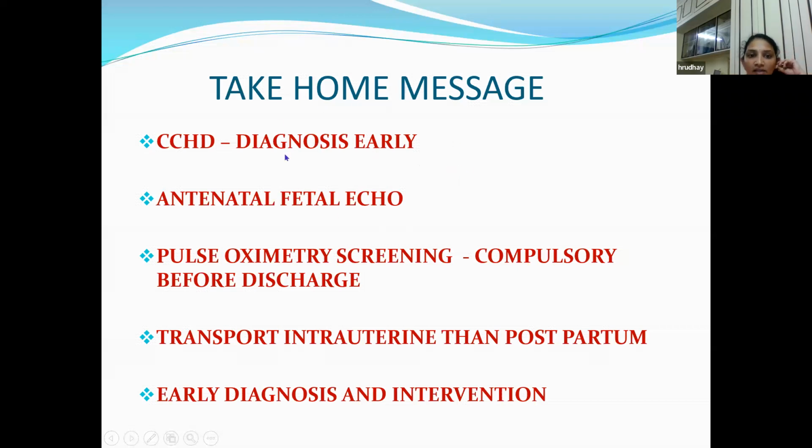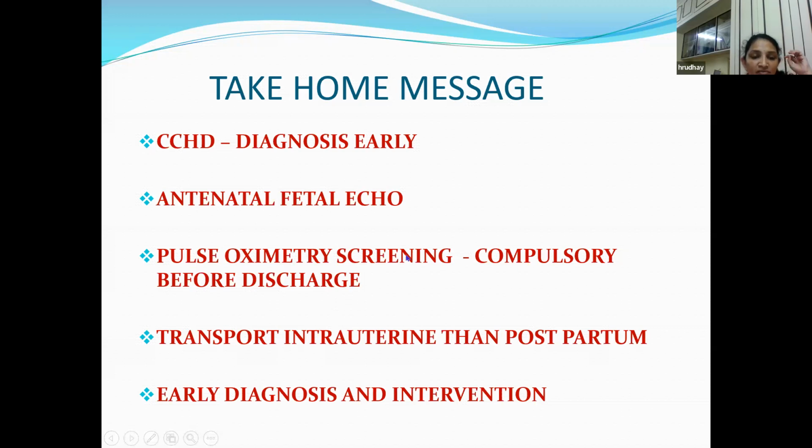Antenatal fetal echo is very, very important and has to be done for all, whatever the indication we have mentioned. If you carry only this line through my talk, then I have reached some level.